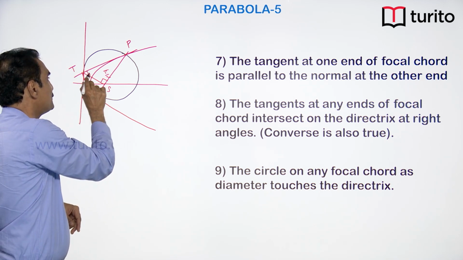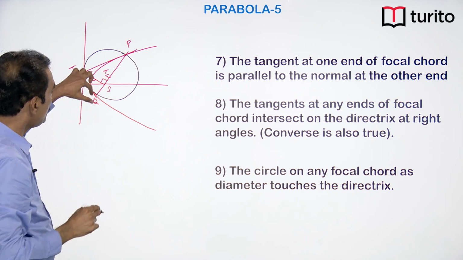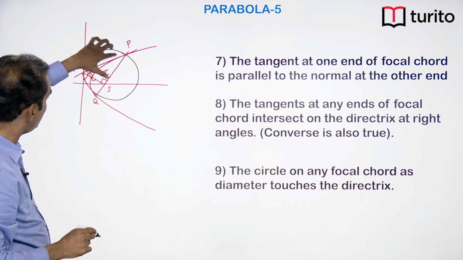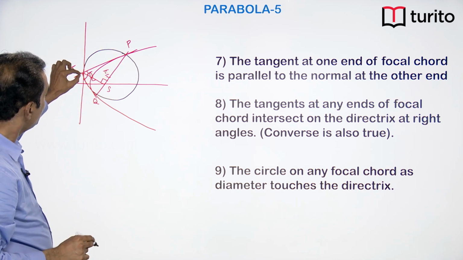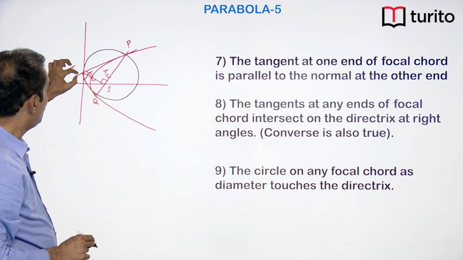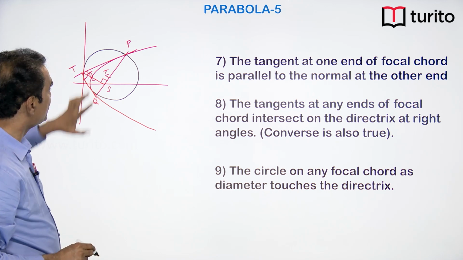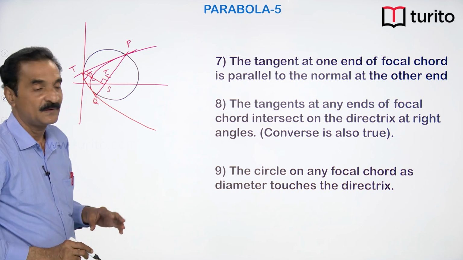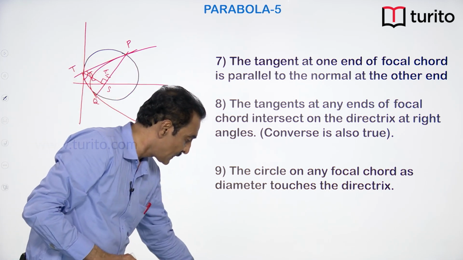This angle is pi by 2. So, if you draw a circle with PQ as diameter, that circle contains the point T and it touches the directrix.